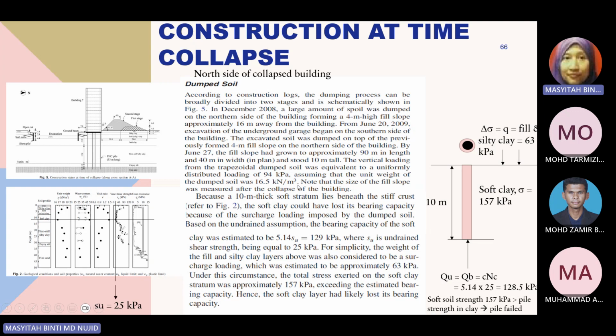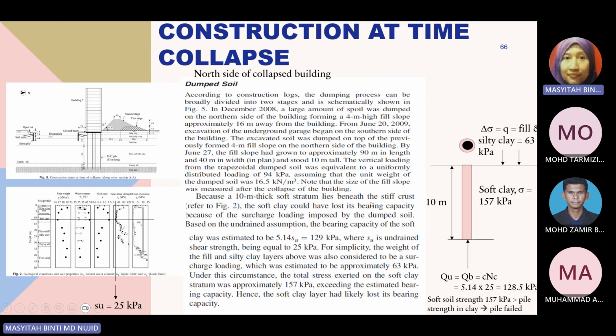If you have a different height of the fill, for example 16.5 multiplied by 4, and then 16.5 unit weight of the fill multiplied by 6. So supposedly there will be additional stresses from the surcharge acting on the ground surface.